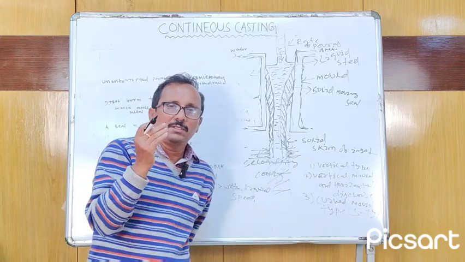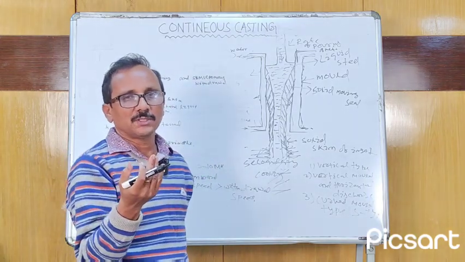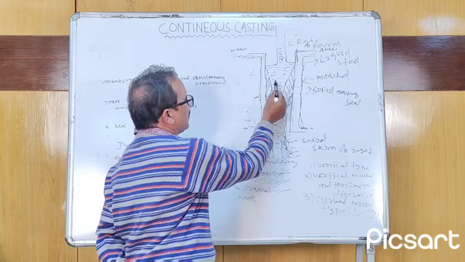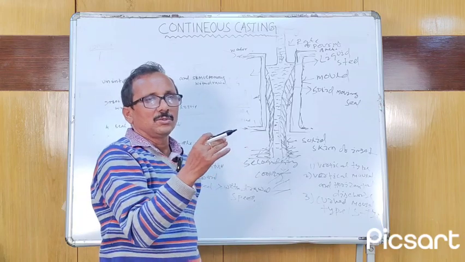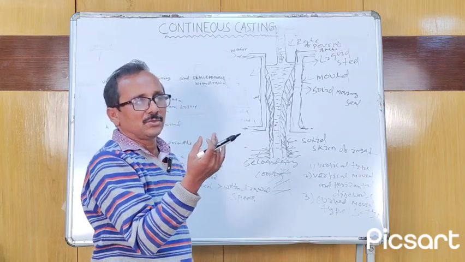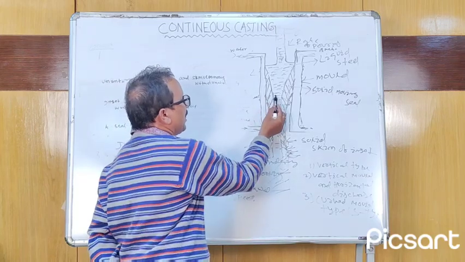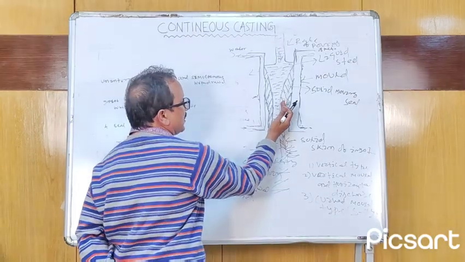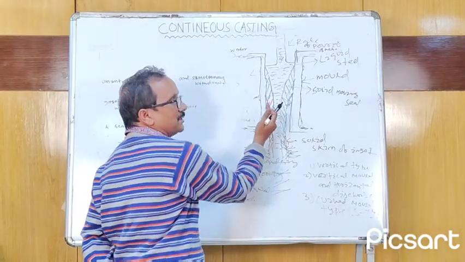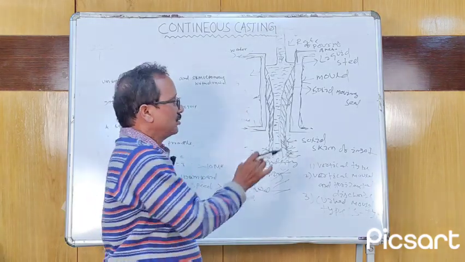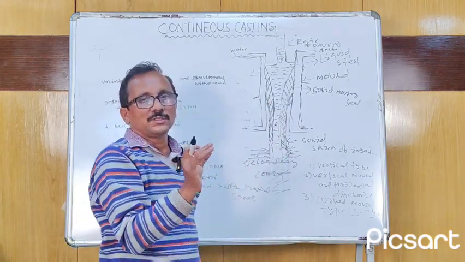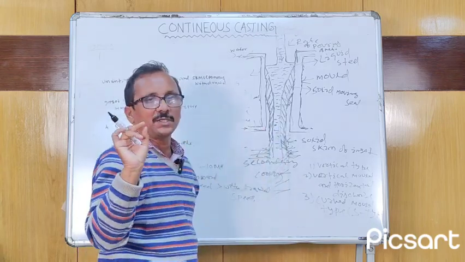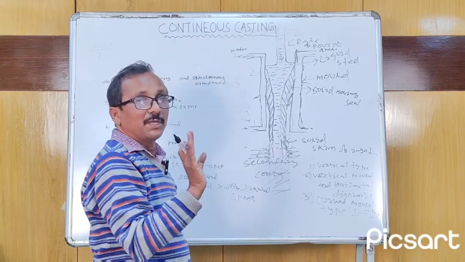The skin of the ingot is formed to such a thickness that it can sustain the pressure of the hot metal. It is designed in such a way that the metal never punctures out of the ingot skin, and the skin gives sufficient strength to sustain the liquid metal. The mold is designed so that the pressure is properly maintained and the thickness of the skin is also maintained. This is the main principle.